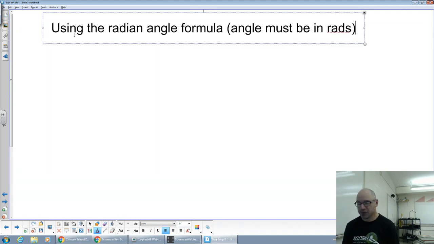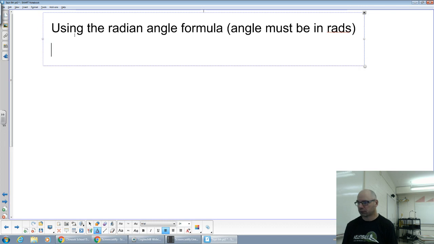So let's do one that's not in radians, so we have to convert. Let's do an example.